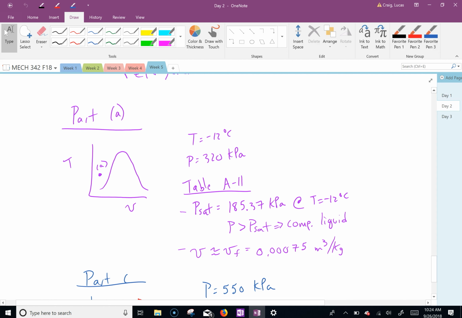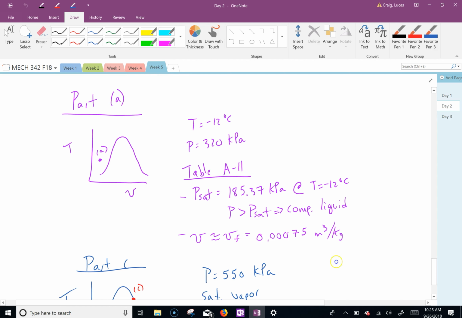So P was greater than P sat, so we automatically know we're compressed liquid. Okay, that's the rule. Then, your specific volume, anytime you're a liquid, you can pretty much 99% of the time assume all the F values. So VF, HF, SF, that's fine. Okay? Questions on that purple one?